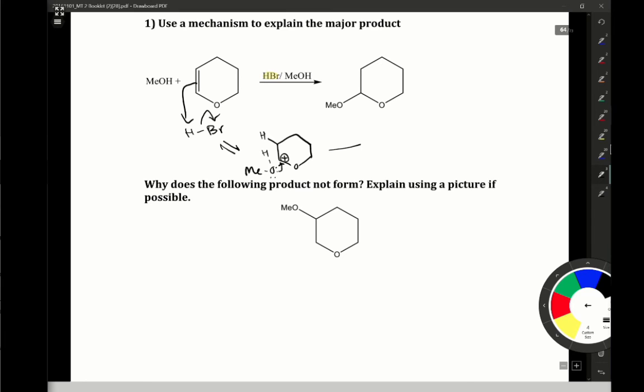It's going to attack right there. We formed an oxonium thing. We have to deprotonate it. We can use Br to deprotonate it, or we could also use MeOH, the methanol, to deprotonate it.